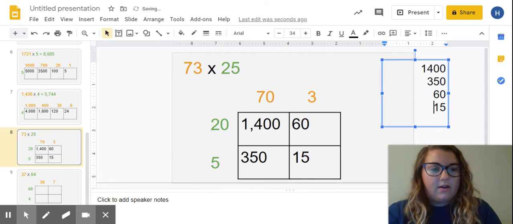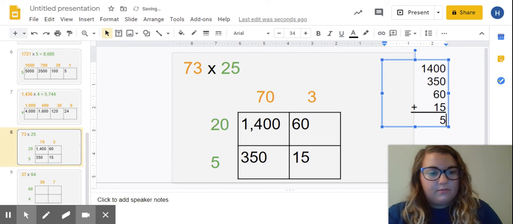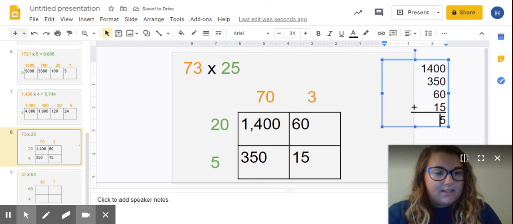So now I am ready to add all of these digits together. So I'm going to start with my ones place. Going to add my tens together.